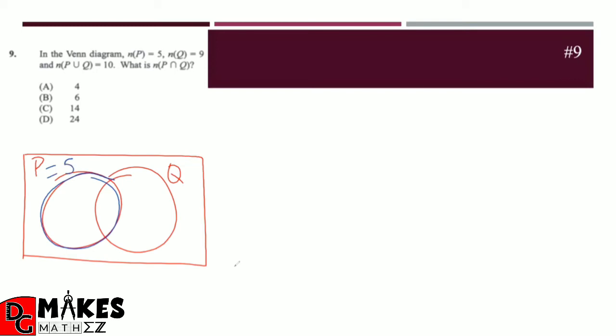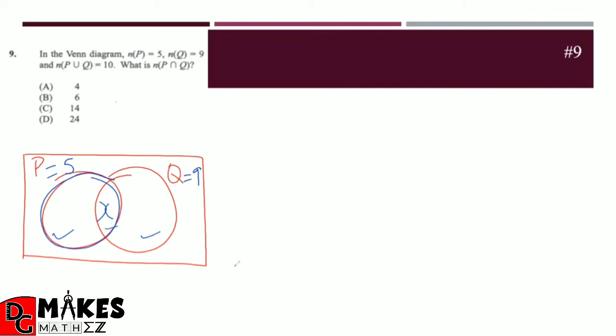And the number of elements in Q would have been 9 elements. And the thing we don't know is how many elements are in here. We also know that P union Q, everything in here, is equal to 10. We don't know the intersection.